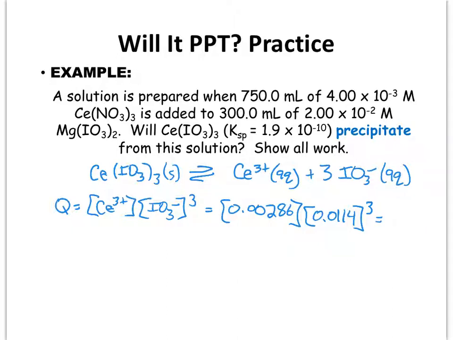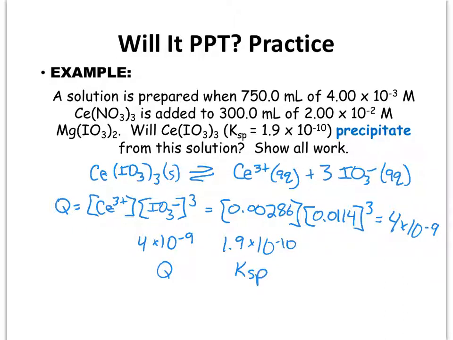And when I solve this, I get 4 times 10 to the minus 9th as my value of Q. So when I compare these now, I have 4 times 10 to the minus 9th for my Q, and I have, according to the problem, 1.9 times 10 to the minus 10th for my Ksp.